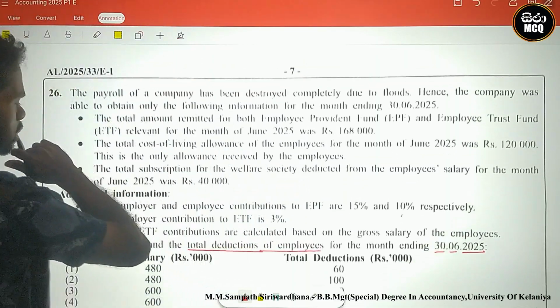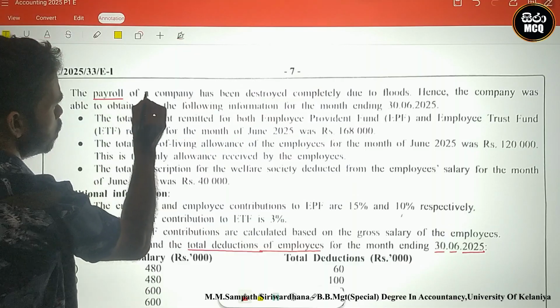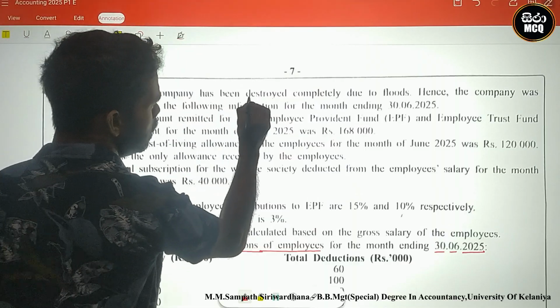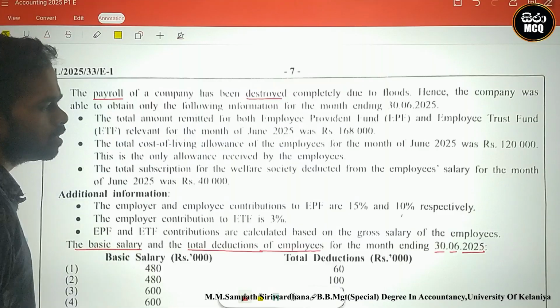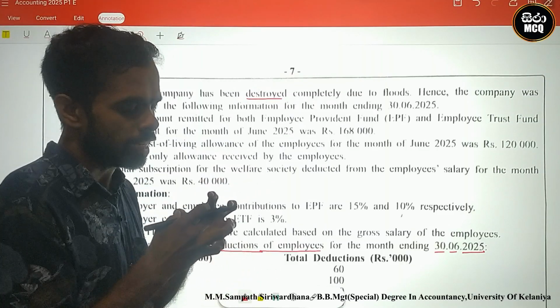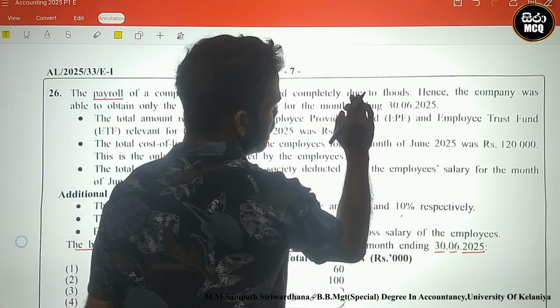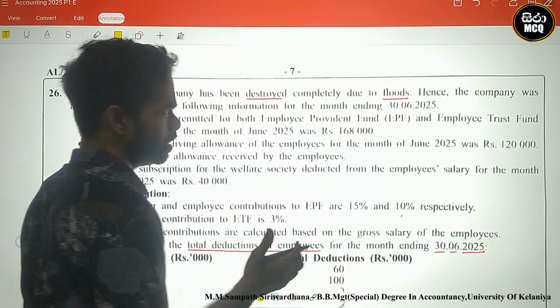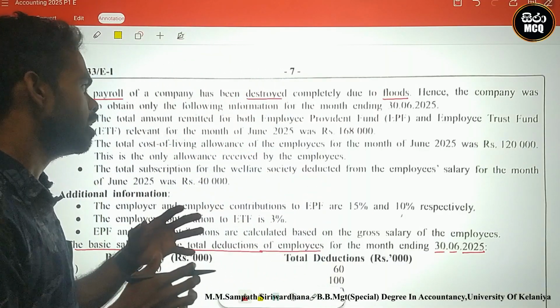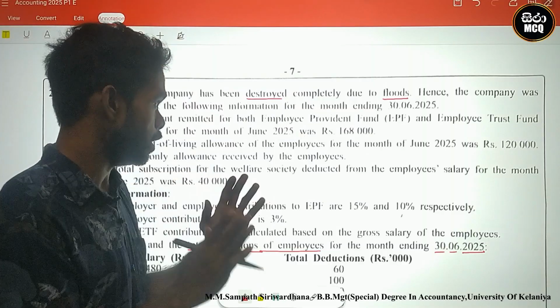Look here, this is the top of the question. The payroll of the company has been destroyed. Payroll means the salary sheet, salary related information. It was destroyed completely due to the floods. There was a flood in the business, therefore the payroll is totally damaged.